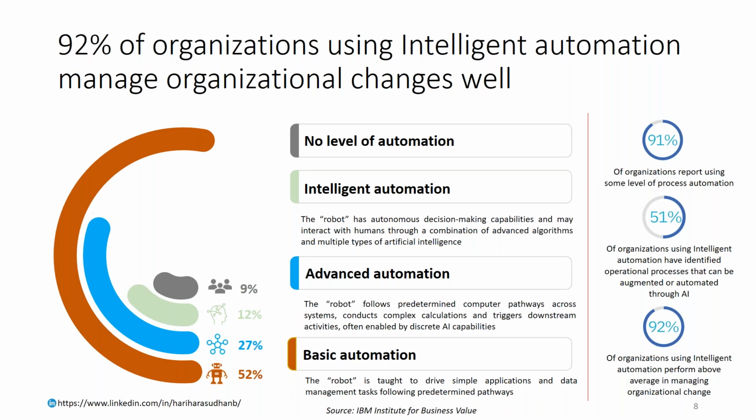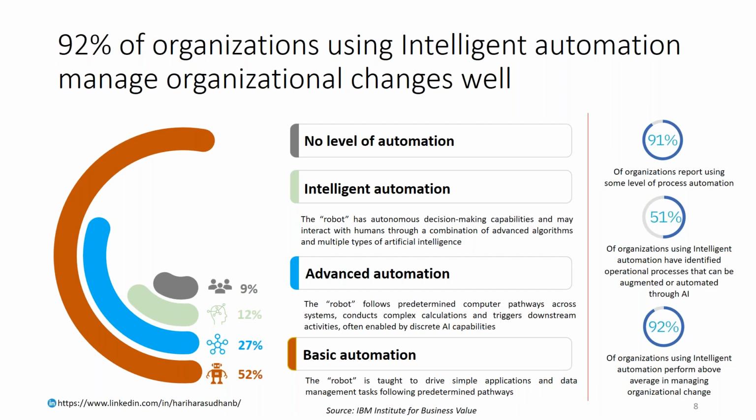And on the right side, you can see that 91% of organizations are doing some level of automation, be it basic or advanced, whatever it is, but they are involved in some kind of automation. But the interesting fact is the last point there: out of all the organizations doing cognitive or intelligent automation, 92% of them have mentioned that they are able to manage their organizational changes very well.